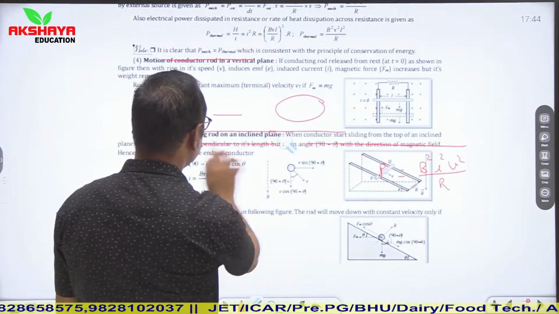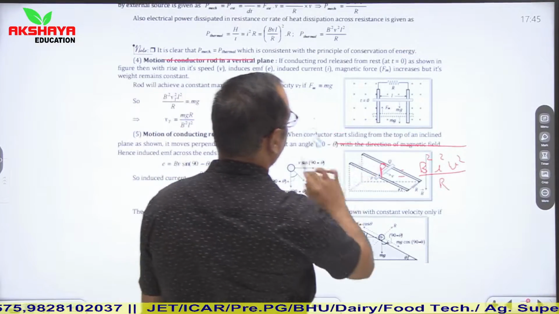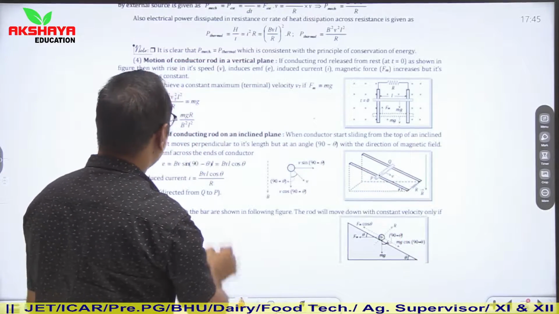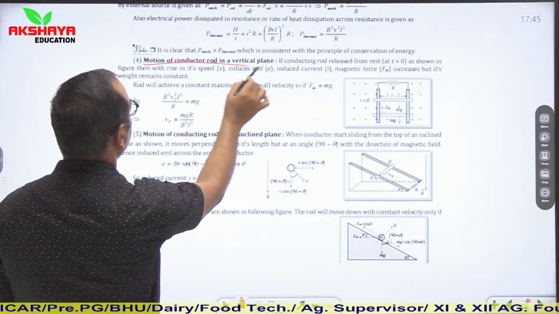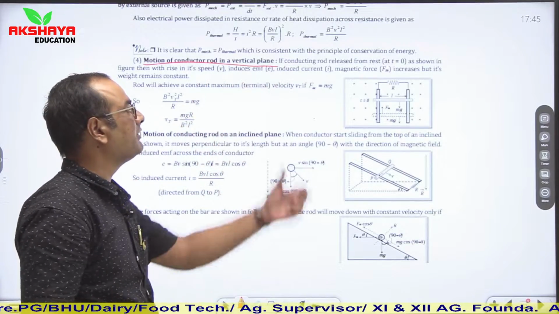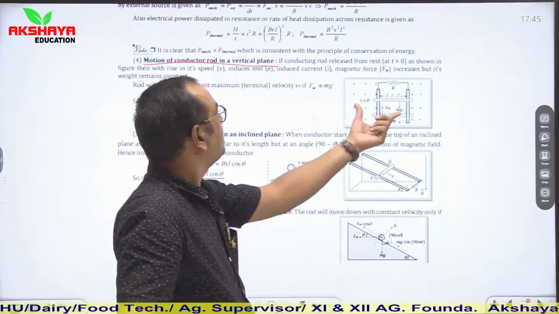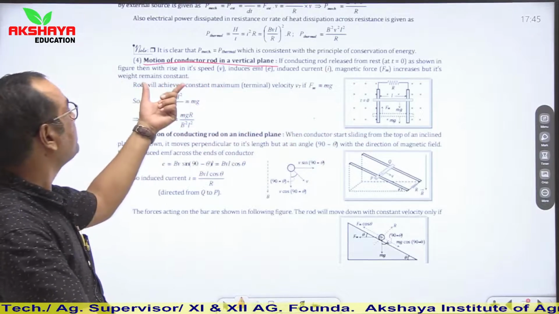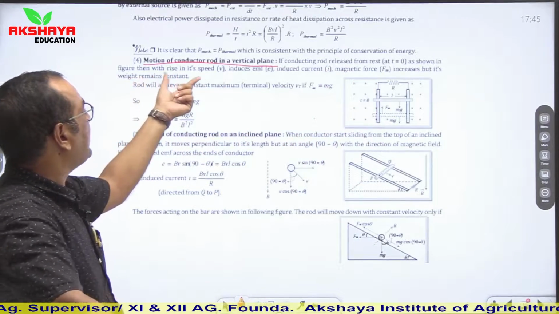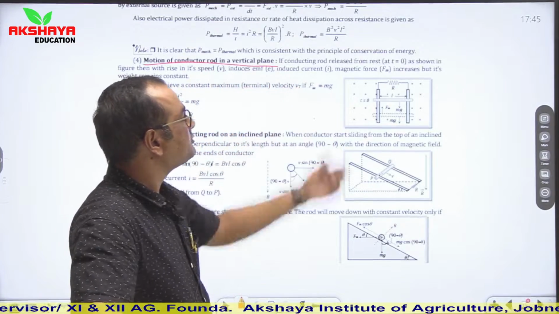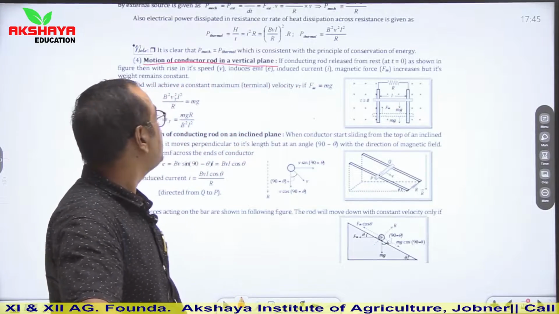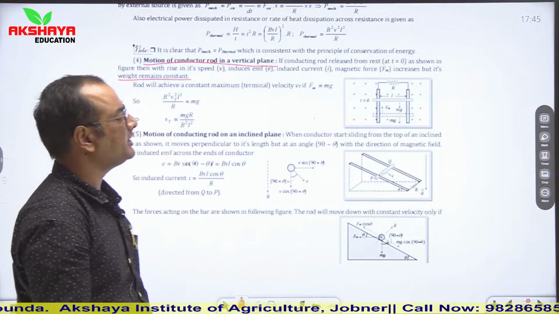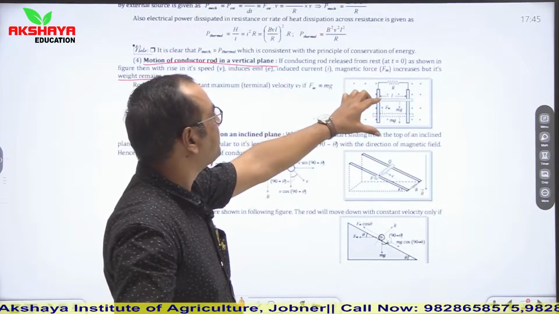Now see the motion of this conductor in a vertical plane and a horizontal plane. First of all, I am talking about the motion of this conducting rod in a vertical plane. If the conducting rod is released from rest as shown in the figure, then with the rise in speed, induced EMF, induced current and magnetic force increase, but its weight remains constant. So let us say this conducting rod is moving vertically.